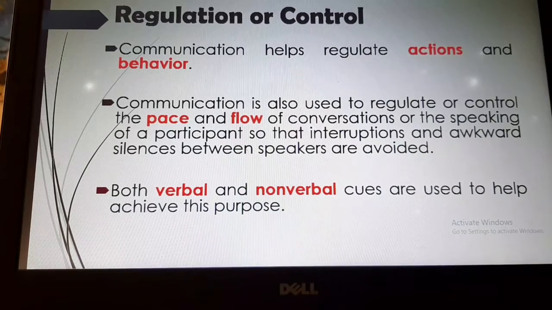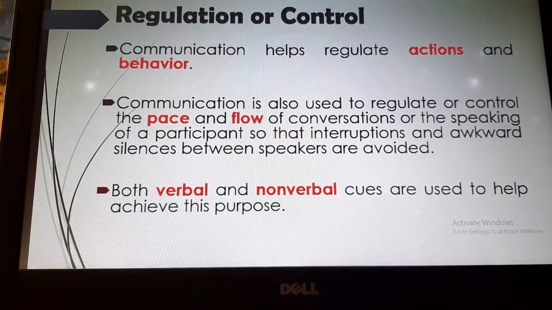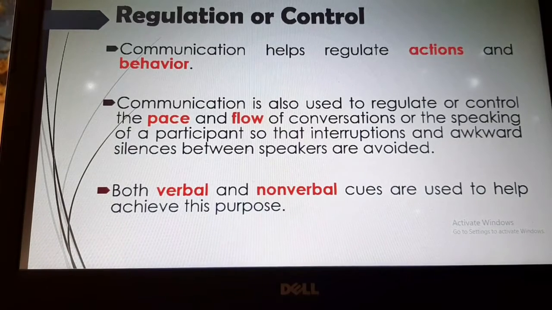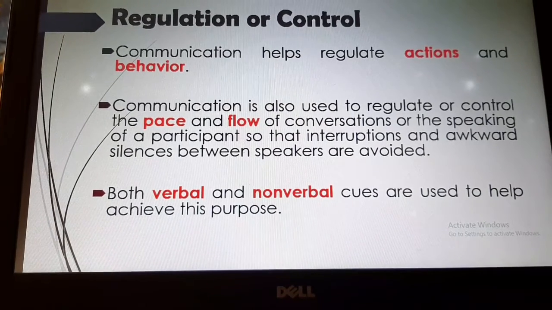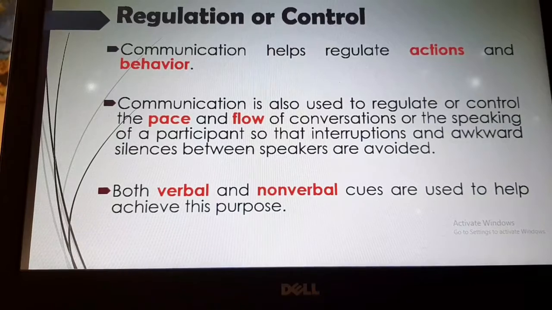Nonverbal cues may also be used to regulate or control the pace and flow of conversations. One example is the use of eye contact. For example, when a speaker looks at the listener, di ba, when the speaker looks at you, maybe the speaker wants you to say something.